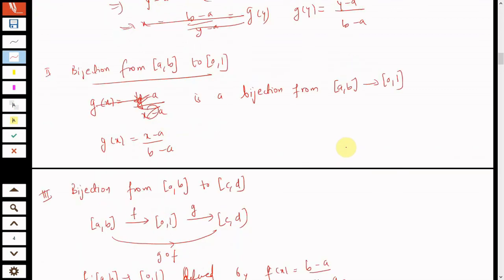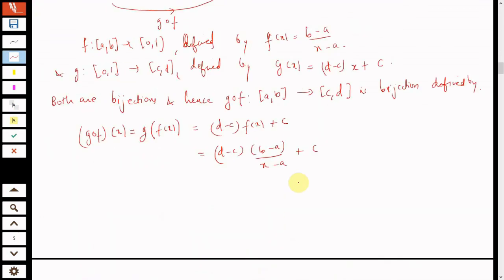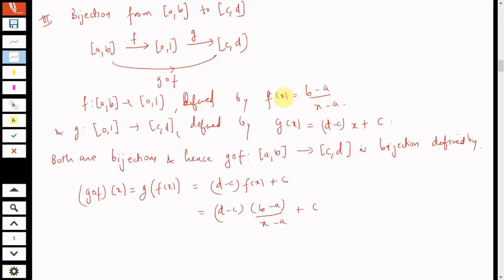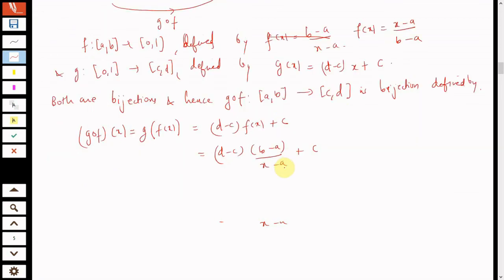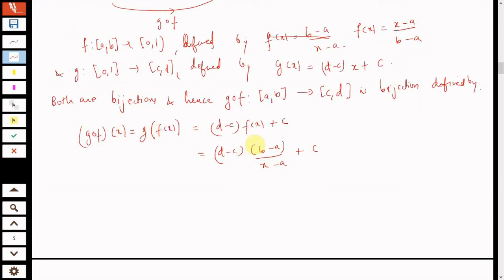So here also again this is f of x defined by x minus a upon b minus a, and so g composite f, again this map is defined as g of f of x, which is same as d minus c into f of x plus c.